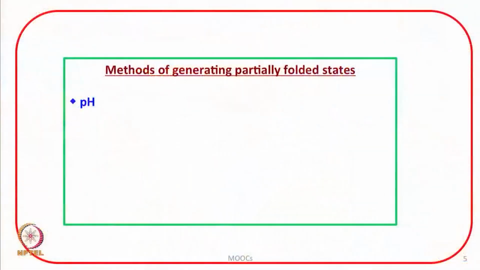Let us take a look at the slide, and see what kind of additives can be used to generate a partially folded state. One is pH. We have discussed pH at length, how pH can affect the conformational stability of a protein. Both extremes of pH can lead to denaturation of a protein.